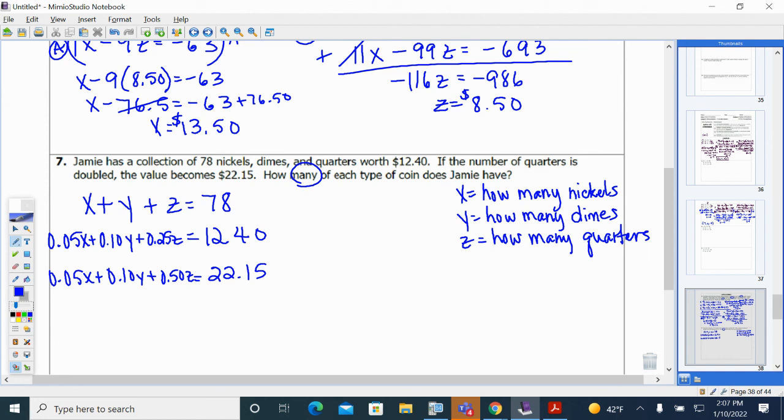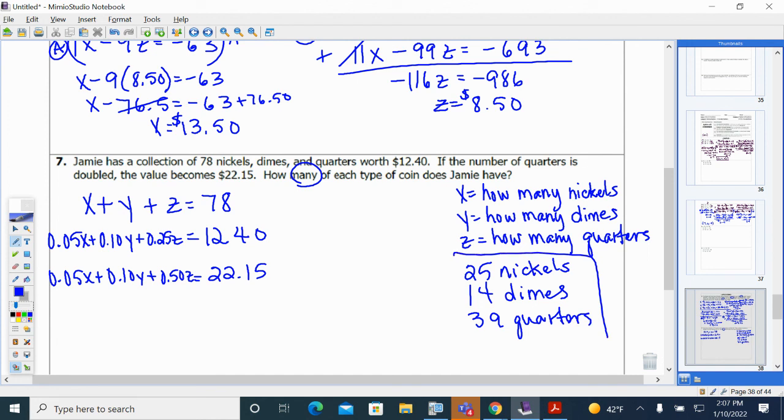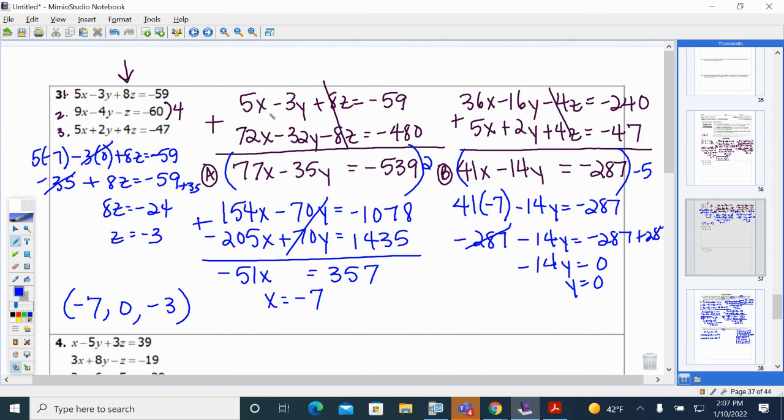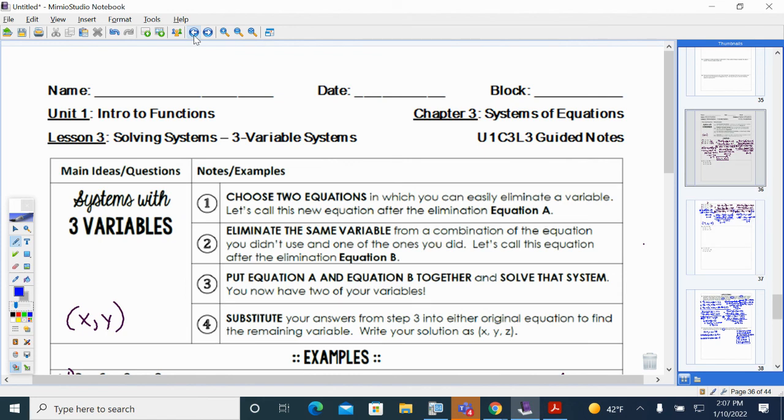If you take the time to do that on your own, I can tell you that there are 25 nickels, 14 dimes, and 39 quarters. So that is the final answer to question number 7. And those are your notes for a 3-variable system for lesson number 3.